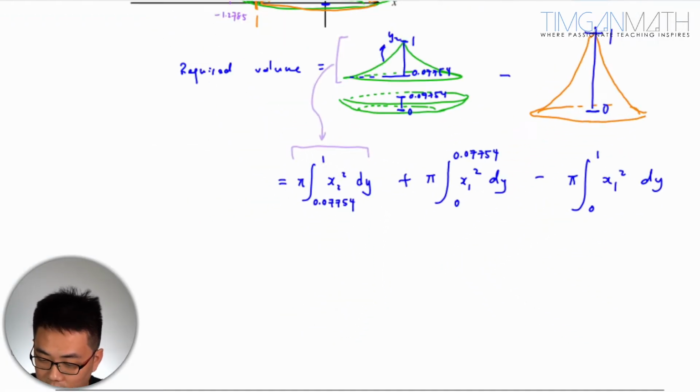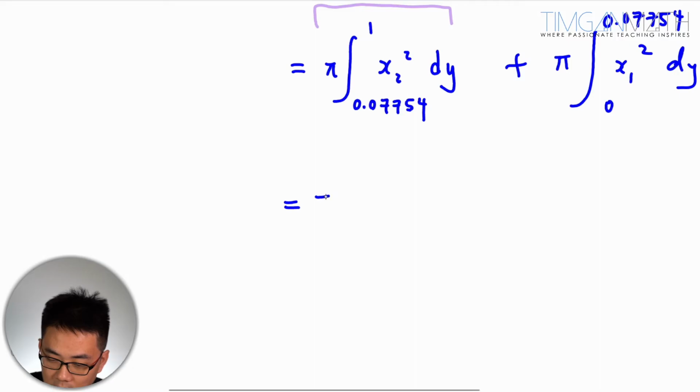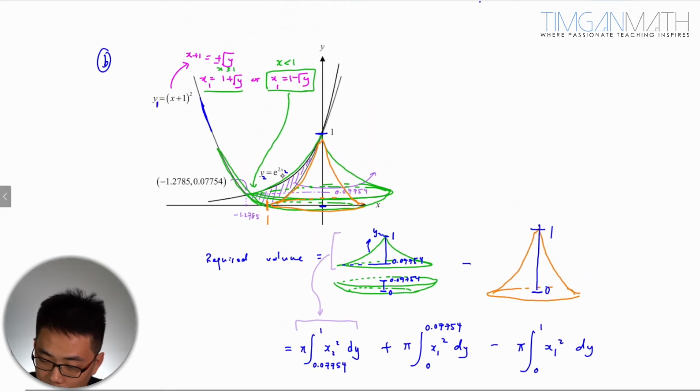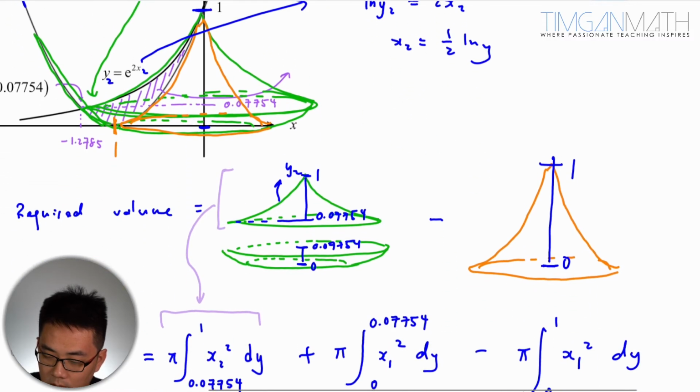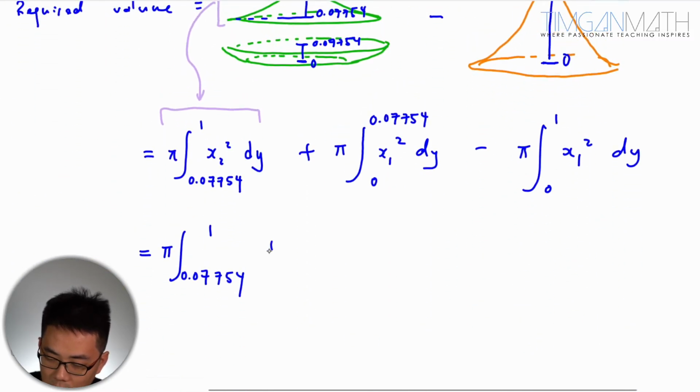So let's write down the x1 that we want. For this case, pi, from 0.07754 to 1, x2 square. I'm going to make x2 the subject, so ln y2 equals 2x2, x2 equals half ln y. So this is just half ln y square dy.